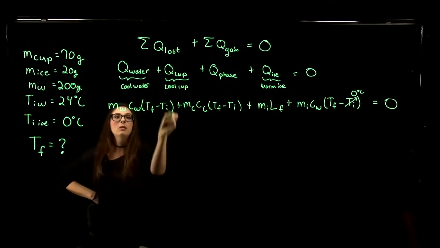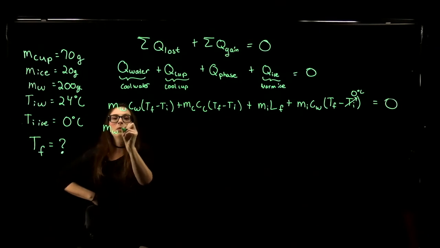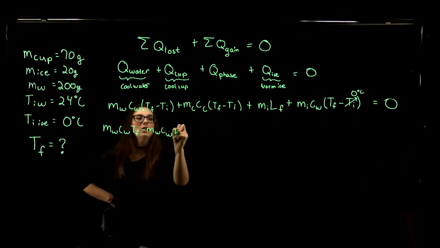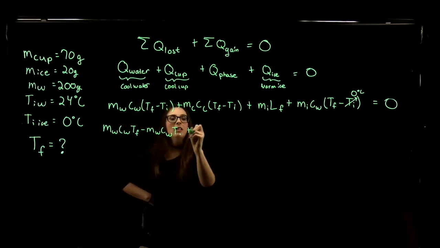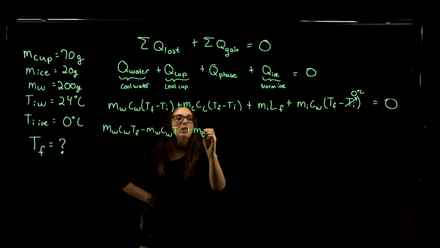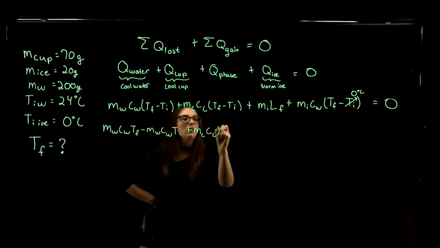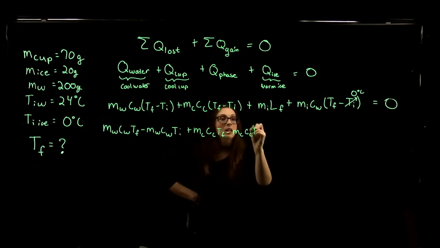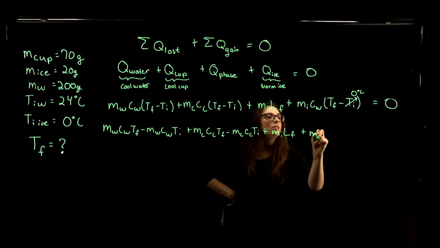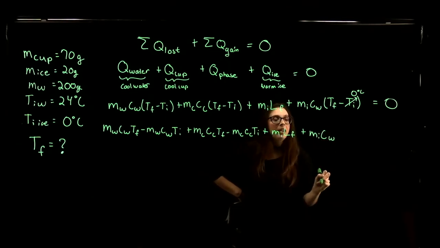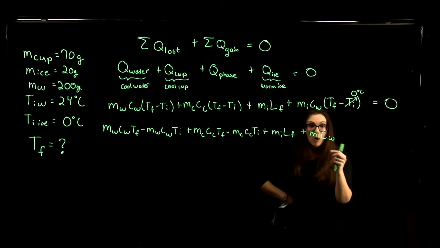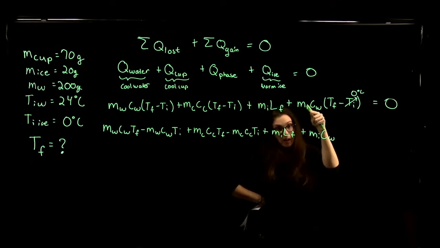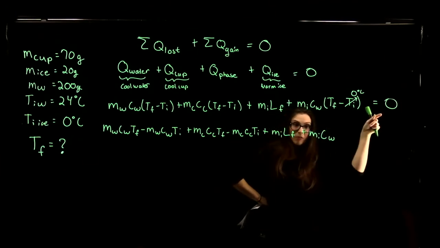So this term right here becomes M_w C_w T final minus M_w C_w T initial, plus M_c C_c T final minus M_c C_c T initial, where C_c is the specific heat of the cup, plus the mass of the ice times the specific heat of water times T final, because we're taking what was once ice and it's changed phase now, and then we're taking that water that's now 0 degrees Celsius to some further temperature.